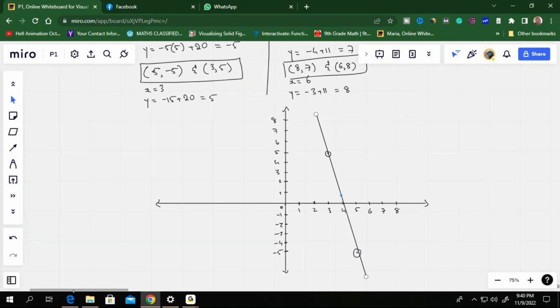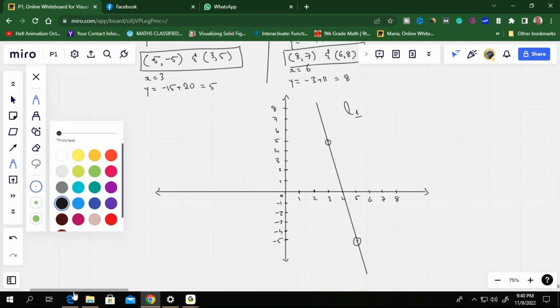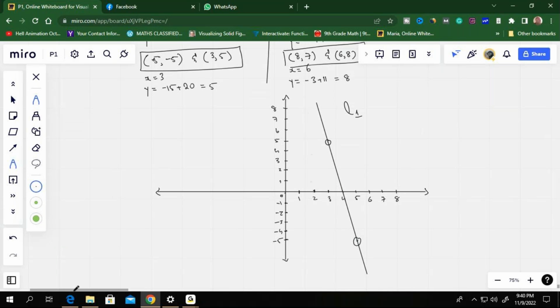That's it. This is my L1. I'm going to extend it beyond as per my need later on. Now I'm going to pick up my points 8, 7 and 6, 8.